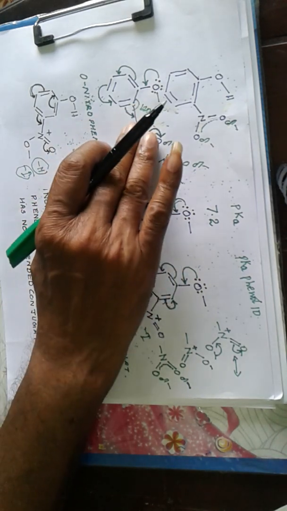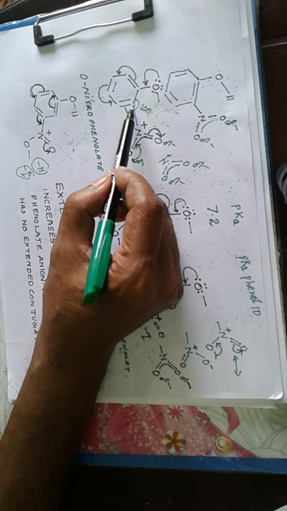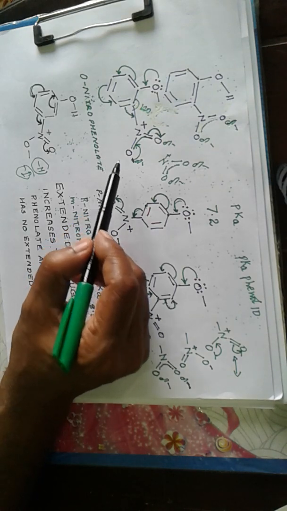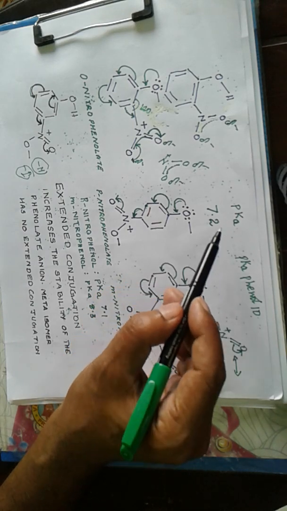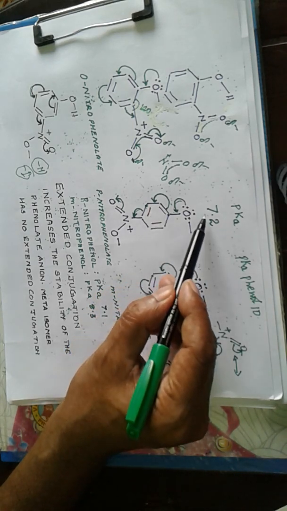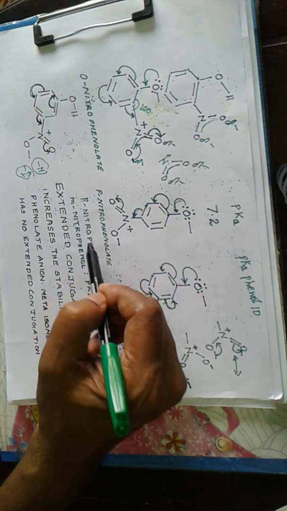There will be a slight turning, and then the resonance involving the nitro group will be very slightly decreased, so that the stability of the ortho-nitrophenolate anion will be slightly less than the para-nitrophenolate anion, and that explains why ortho-nitrophenol has a pK of 7.2 and para-nitrophenol has a lower pK value and a slightly higher acidity.